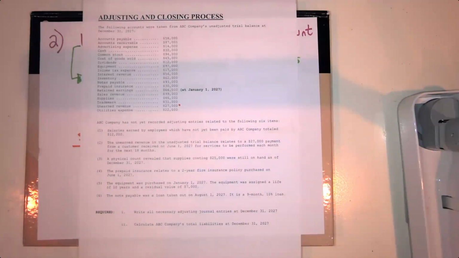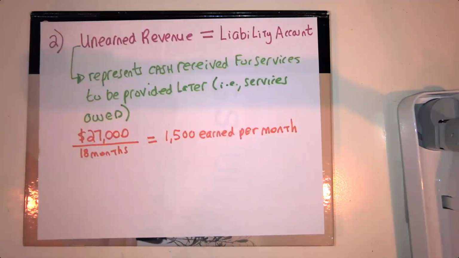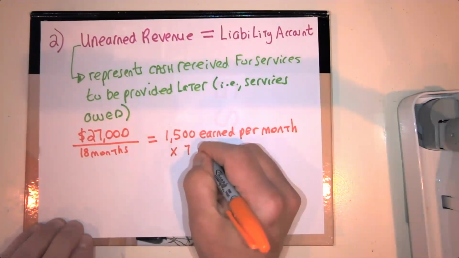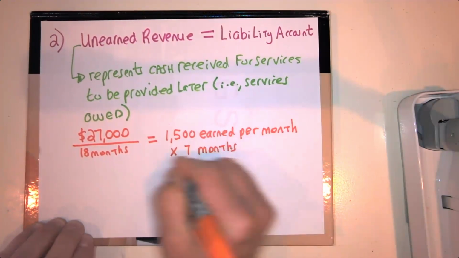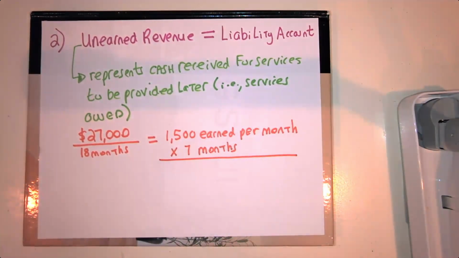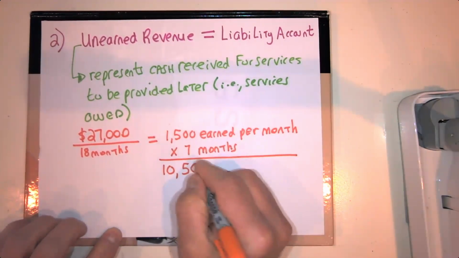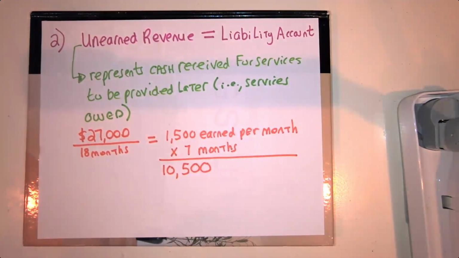Just like Nick said, 7 months performed in 2027 at $1,500 a month. Multiply that by 7. The total amount earned in 2027 is $10,500. Nick, great job. Can you turn your microphone on and do one more thing for me, please? Can you give me the debit and the credit in the adjusting entry?